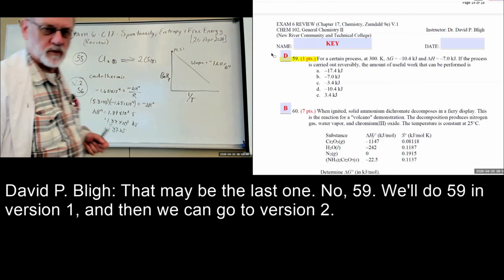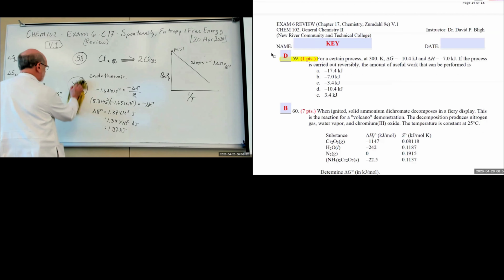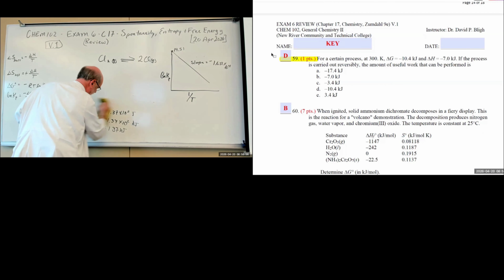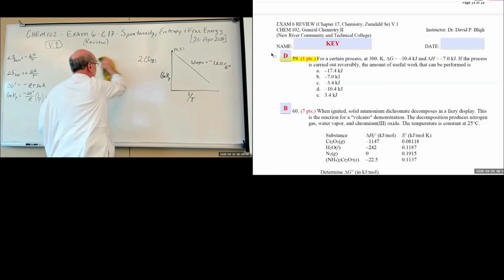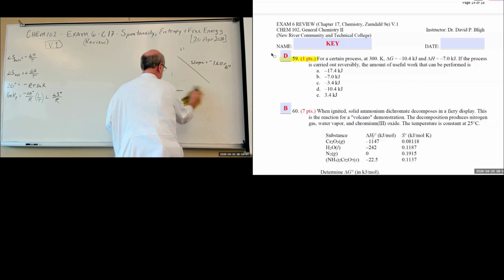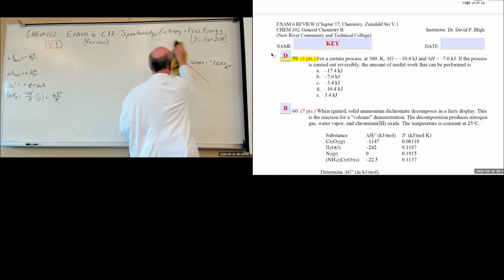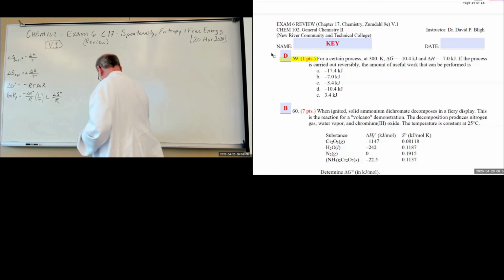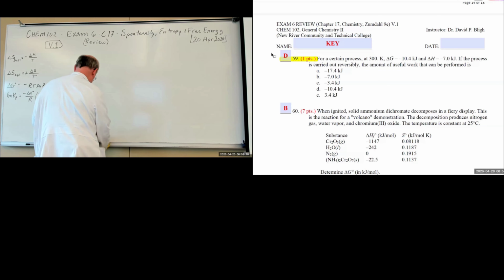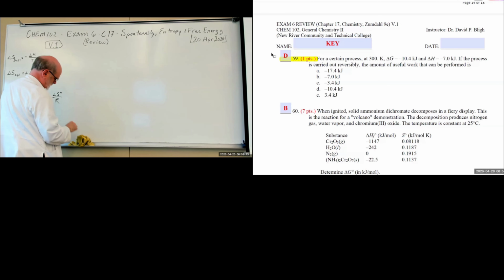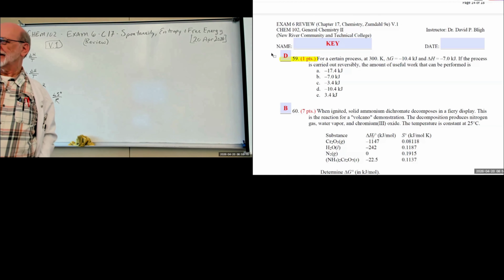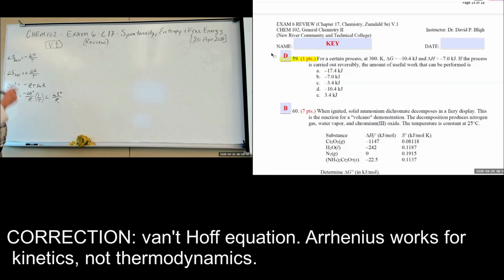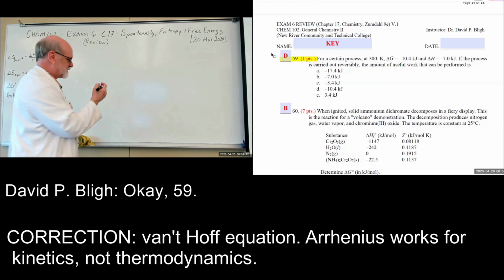We'll do 59 in version 1, and then we can go to version 2. It's the Arrhenius equation. Okay, 59.